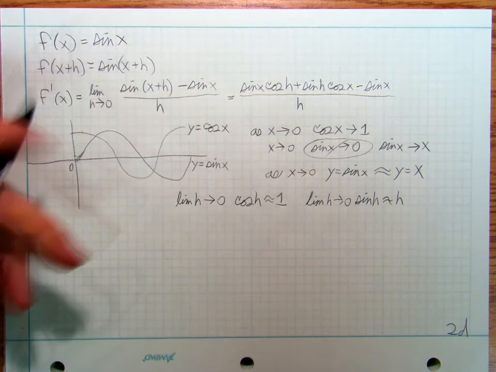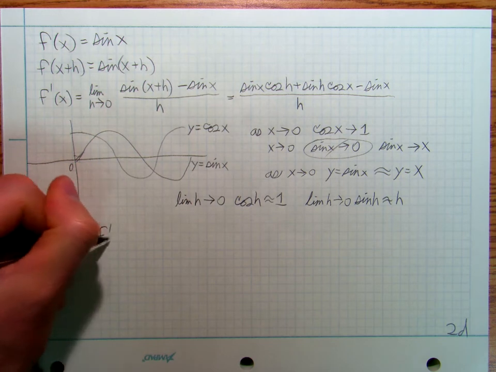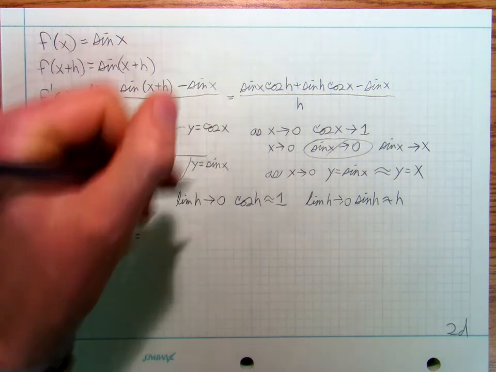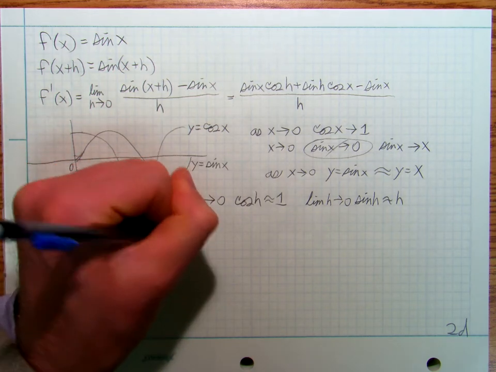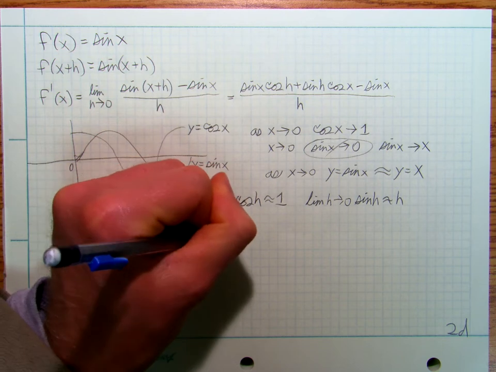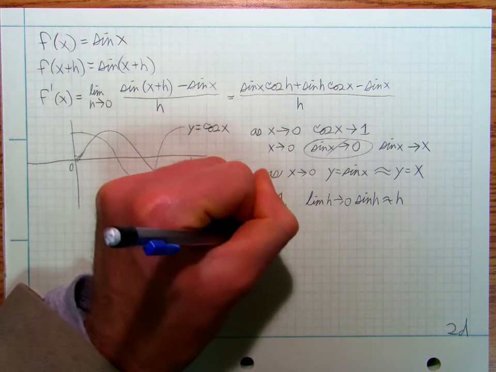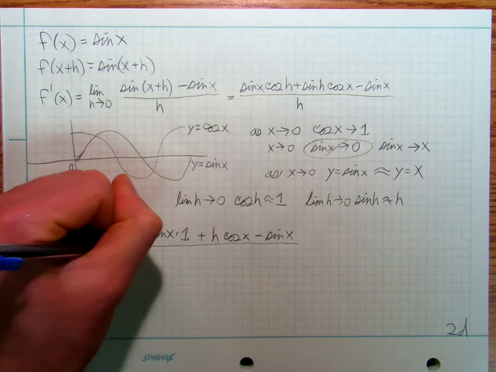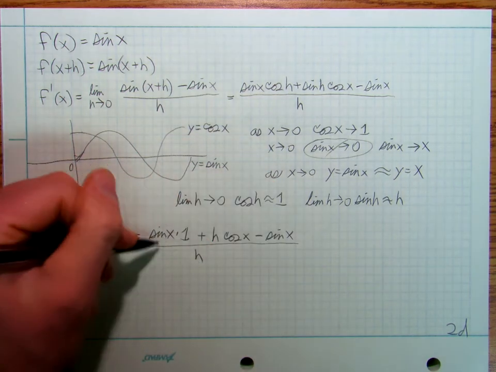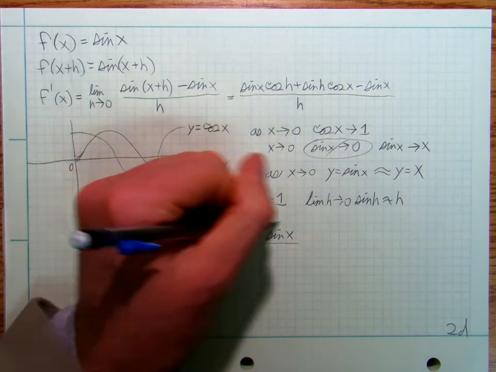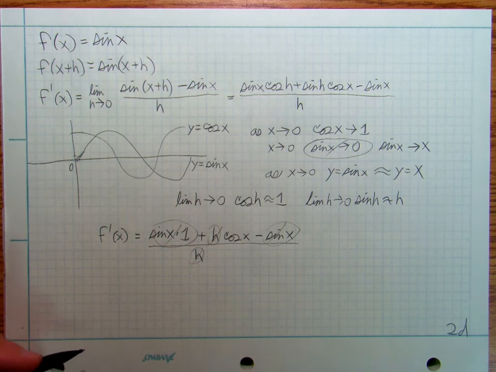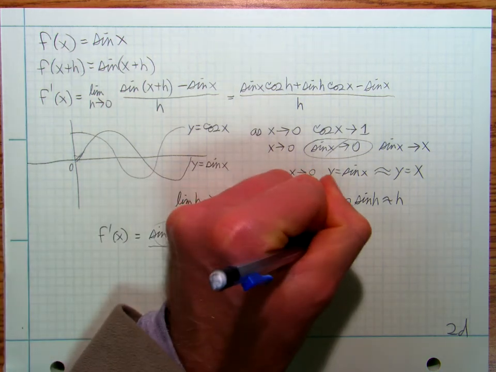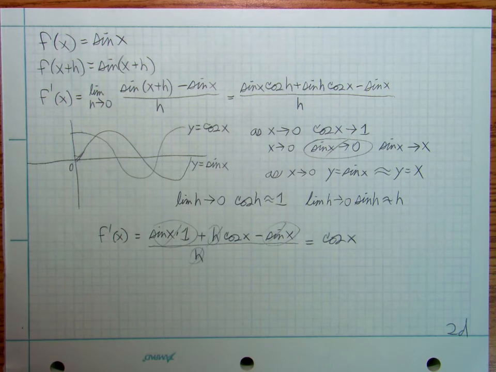So that means that f prime of x is equal to sine x times 1 plus h cosine x minus sine x over h. This part is going to cancel with that part, that's going to cancel with that, and I'm going to get cosine x.